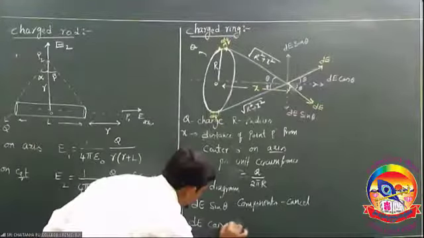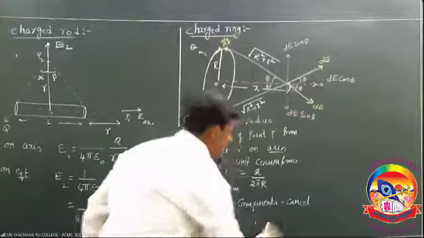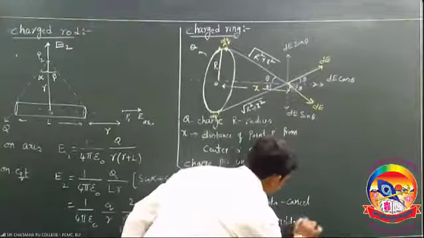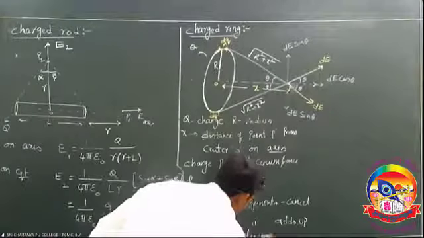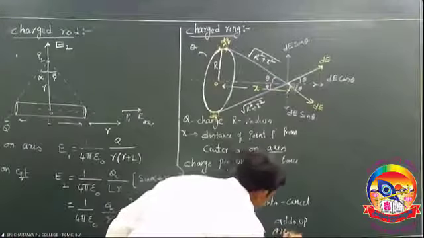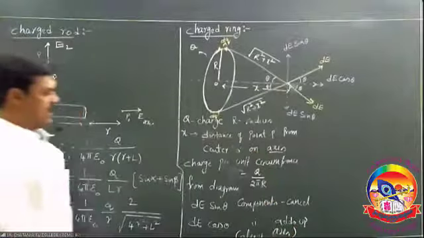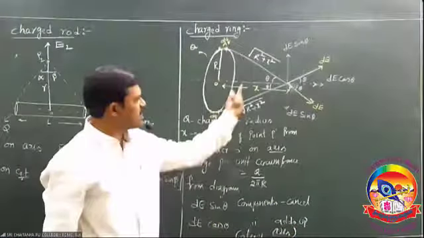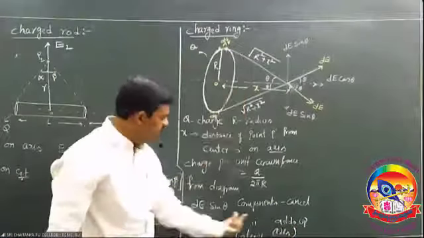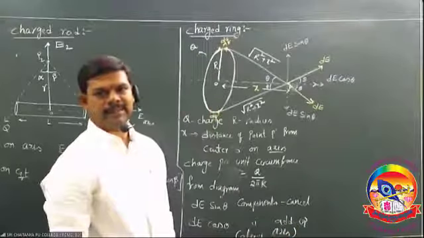dE cos theta components add along the axis. So dE sin theta components cancel out, and dE cos theta components add up along the axis.